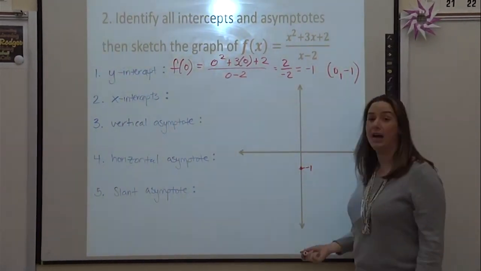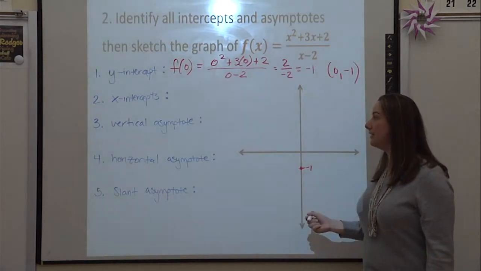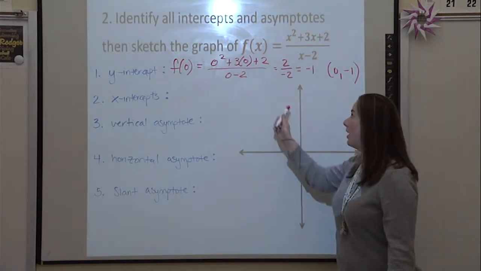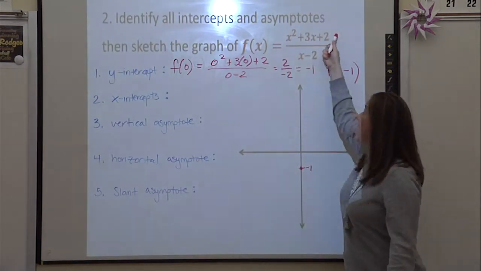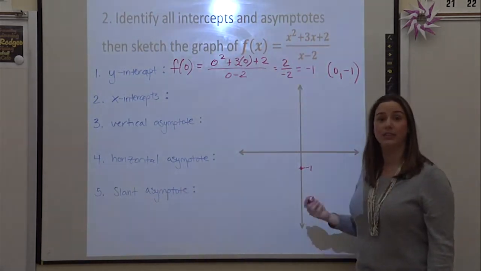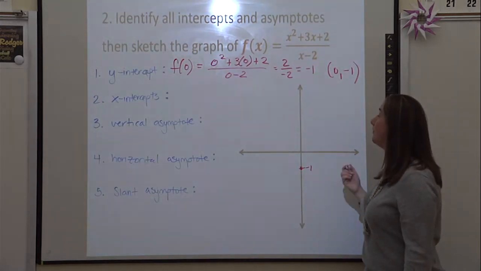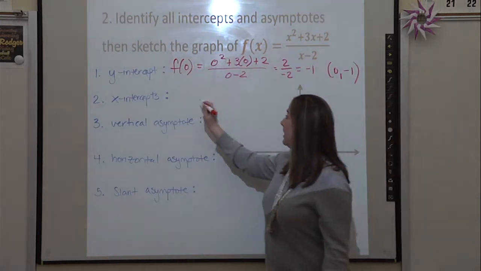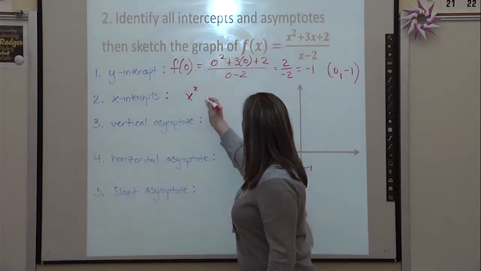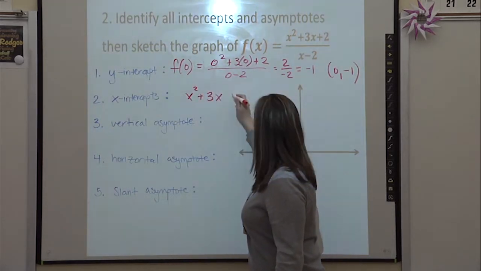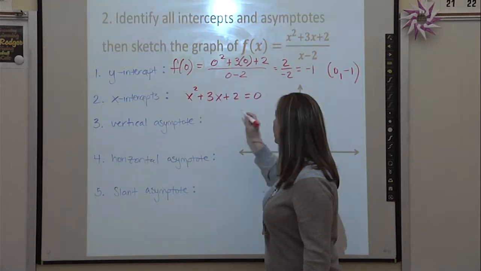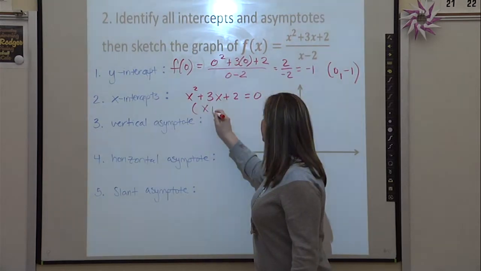That's my y-intercept. My x-intercept is going to be when I take the numerator and set it equal to 0. First things first, I need to factor this. So I'm going to take x squared plus 3x plus 2, set it equal to 0, and find its factors.